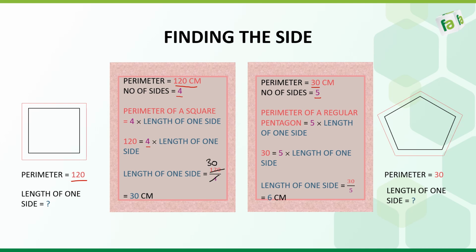Perimeter of a regular pentagon is equal to 5 multiplied by length of one side. Perimeter is already given, which is equal to 30. So 30 is equal to 5 multiplied by length of one side. Therefore, length of one side is equal to 30 divided by 5, which is equal to 6 centimeters.